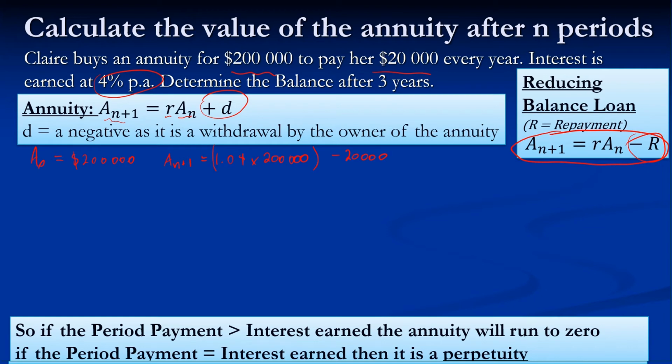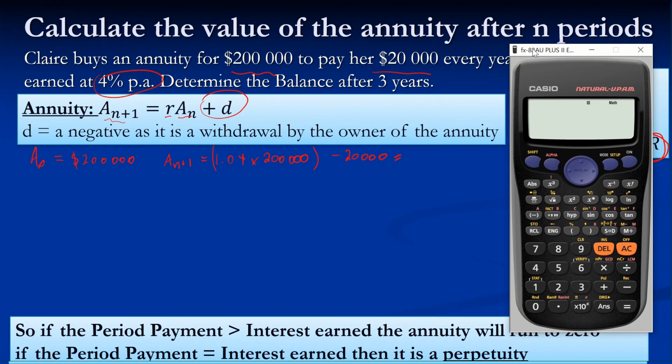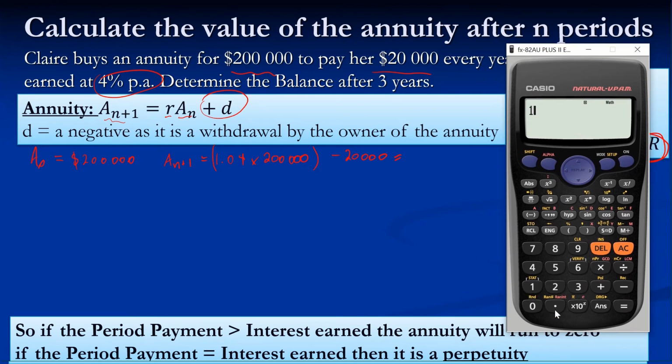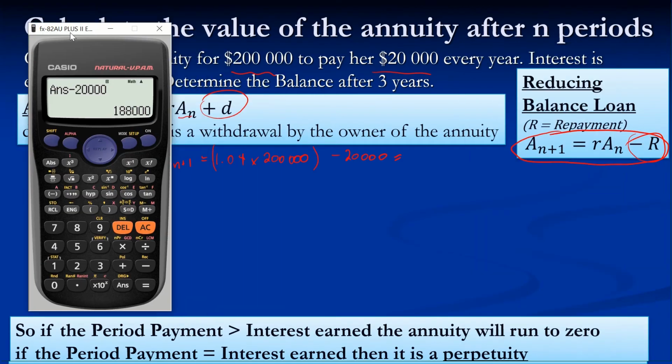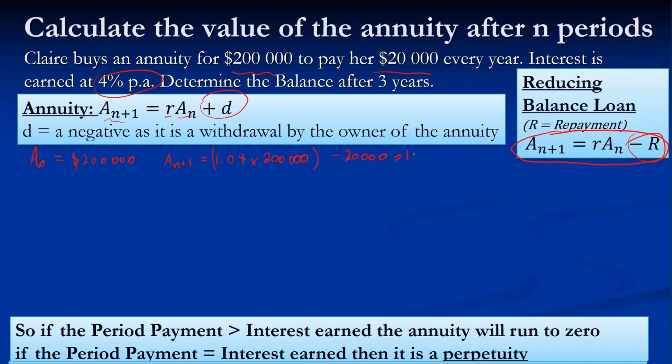Let me get my calculator out. 1.04 multiplied by 200,000 equals 208,000, and now we just need to take out the payment, so it's $188,000.